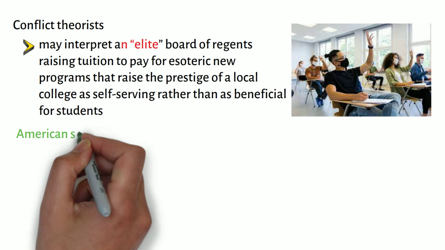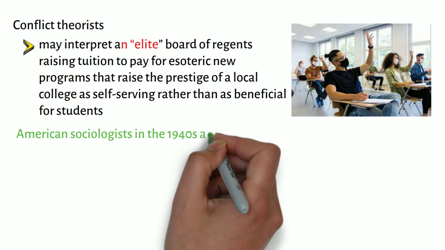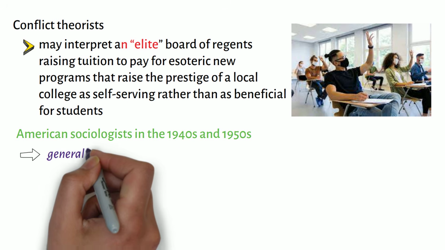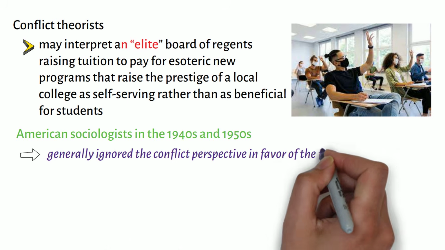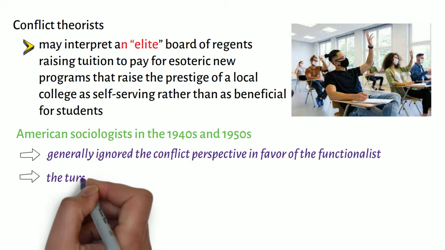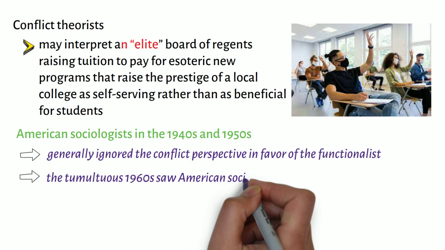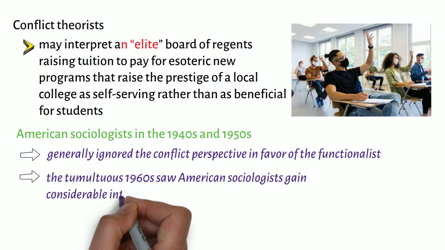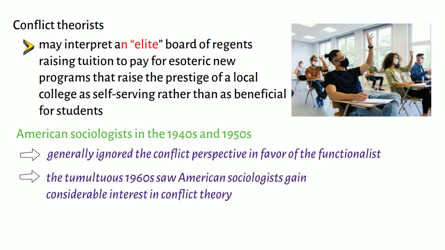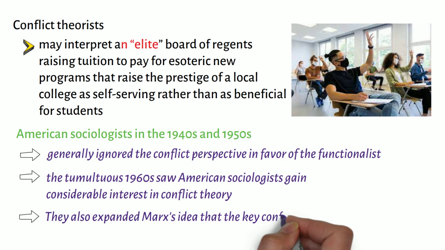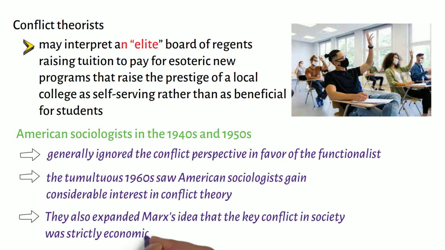Whereas American sociologists in the 1940s and 1950s generally ignored the conflict perspective in favor of the functionalist, the tumultuous 1960s saw American sociologists gain considerable interest in conflict theory. They also expanded Marx's idea that the key conflict in society was strictly economic.